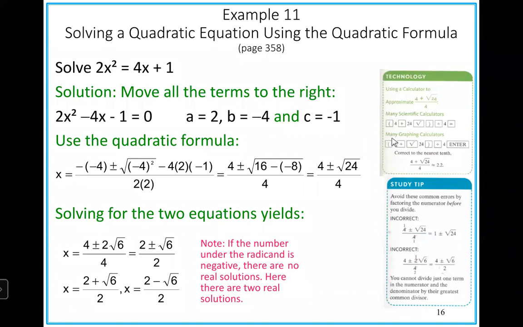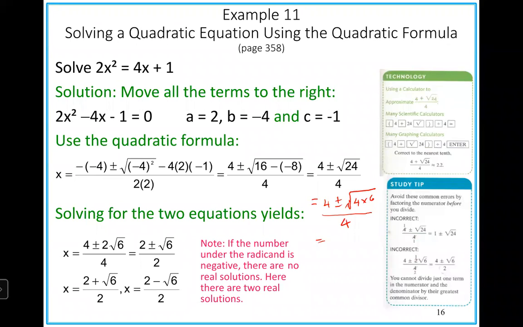Okay, so right here, if you remember when we were doing the radical, that would be 4 plus or minus. Now the square root of 24 would be 4 times 4 6s are 24, right? It's over 4.